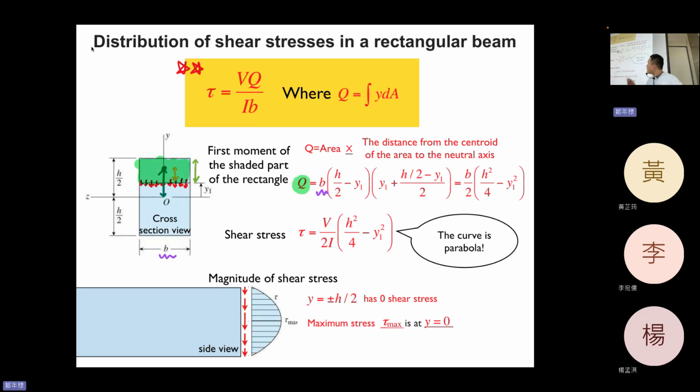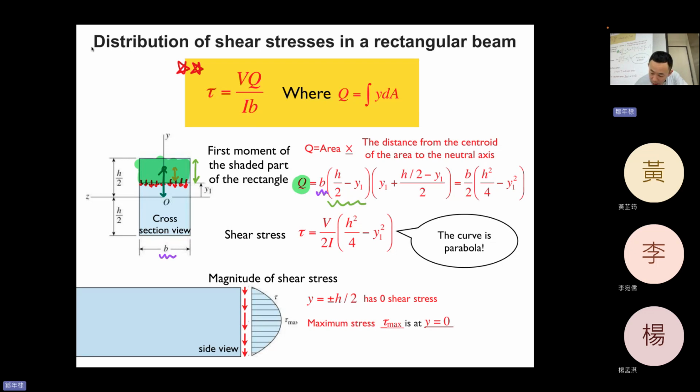Q equals B times this one, the half height minus y1, obviously. It looks terrible, but should be okay.